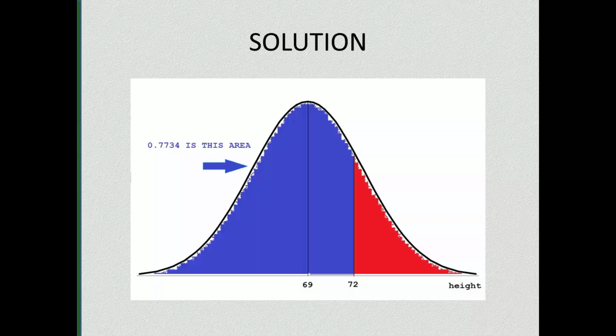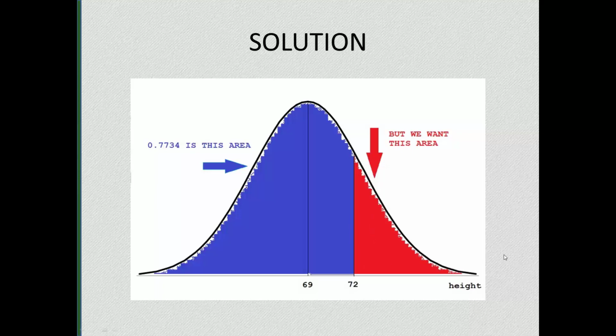Look at your picture. The function in Excel gives us the area from a certain point on down. So the 0.7734 is this area, the chance of being 6 foot tall or less. We want the red area. We want the area up in here that is 6 foot tall or more.